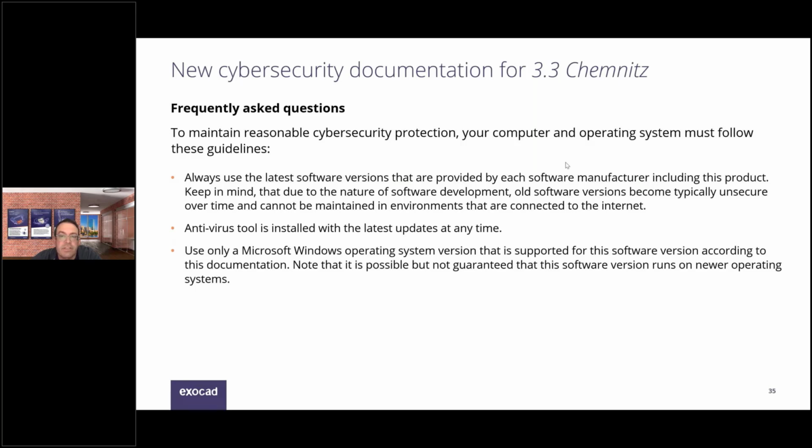The exocad software is updated to be compatible with the latest versions of operating systems and security features. We recommend the latest antivirus tools installed on a system. And then just make sure the Windows operating environment is fully up to date and a supported version, just to eliminate any support headaches that might come up with an unsupported operating system environment.